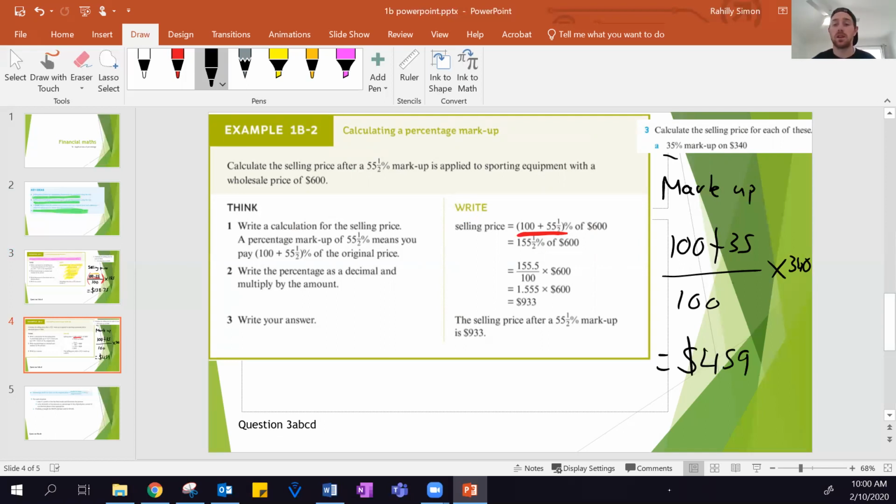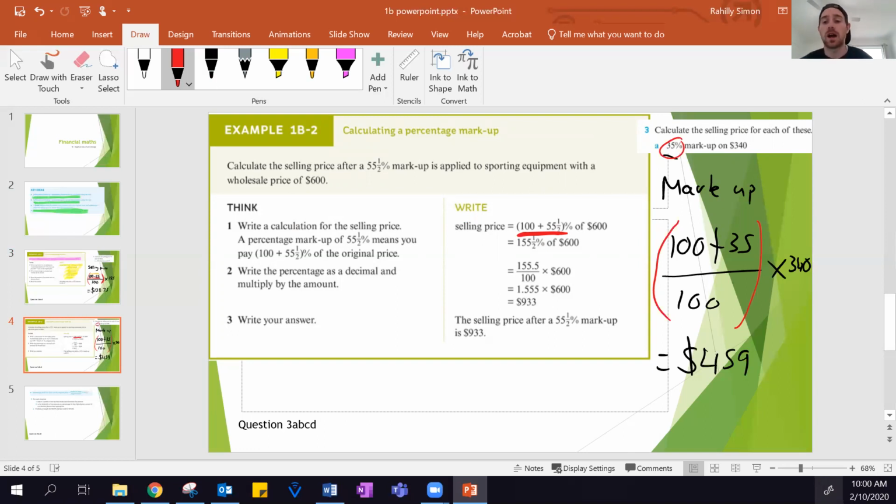So again, same thing. All you're doing is adding your percentage markup, which is 35% here, to our original 100%. Work that out on your calculator. Green calculator does it more than enough. You don't need anything else. And then times it by our amount. So the selling price after a 35% markup on $340 is $459.